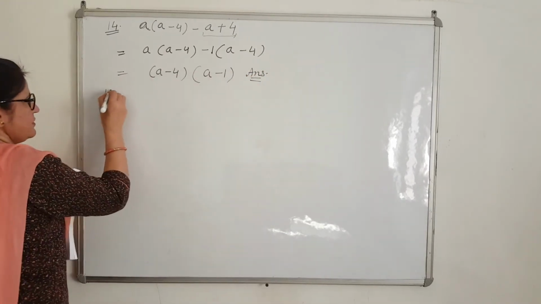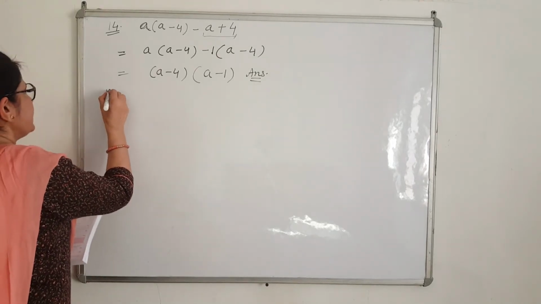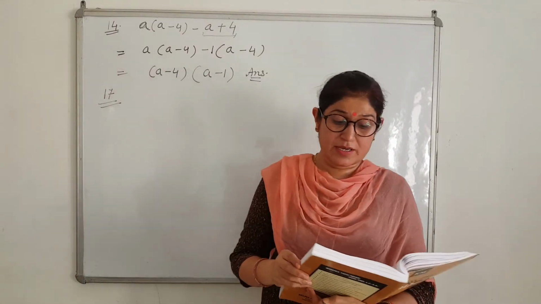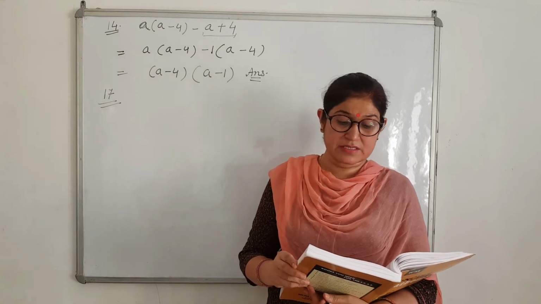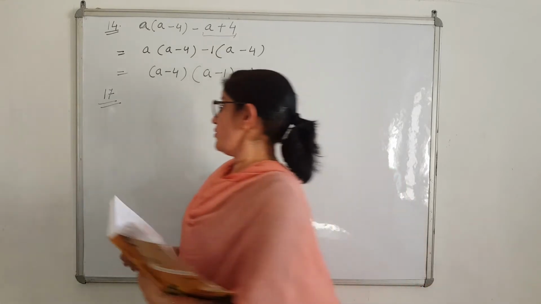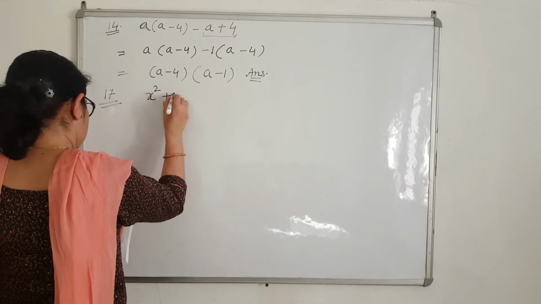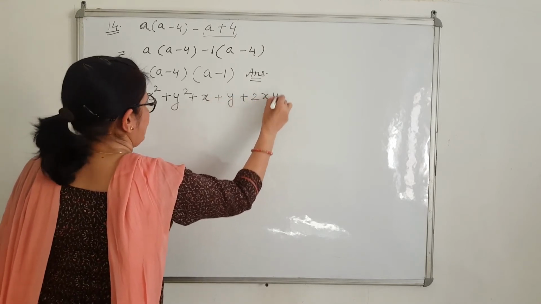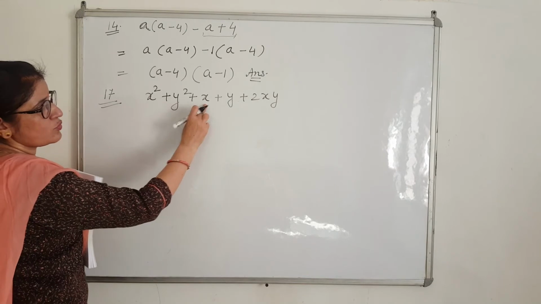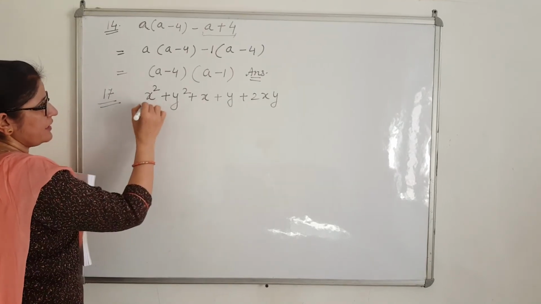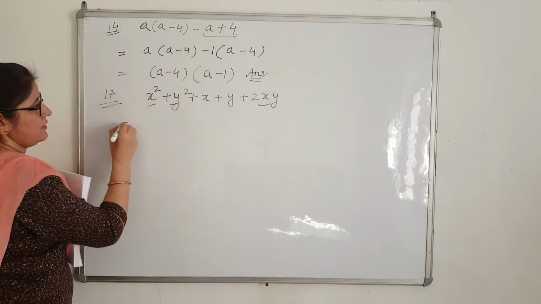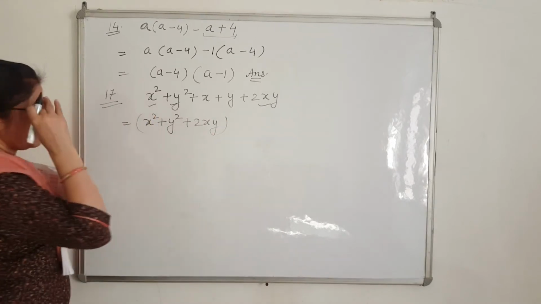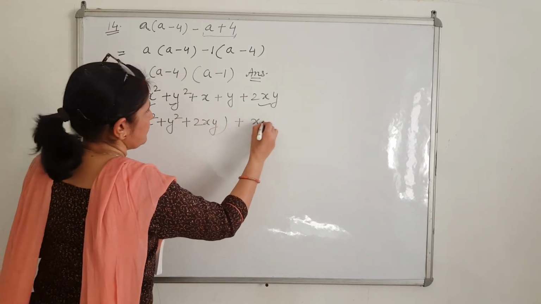So our next question, question number 17. In this question we have 5 terms: x² + y² + x + y + 2xy. So we will make groups. If we see like this, these two terms are common, or like this, but what we will do, we take these three terms together, x² + y² + 2xy, and the last two terms x + y like this.